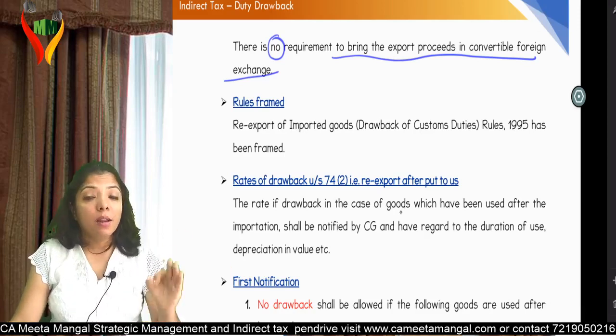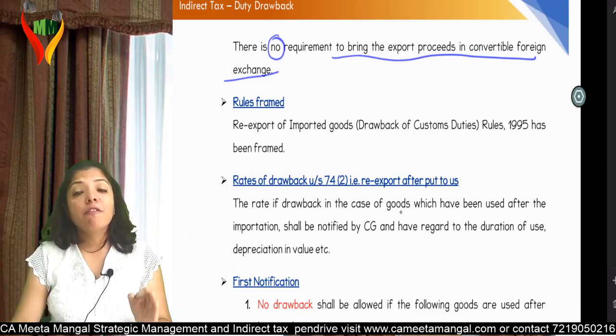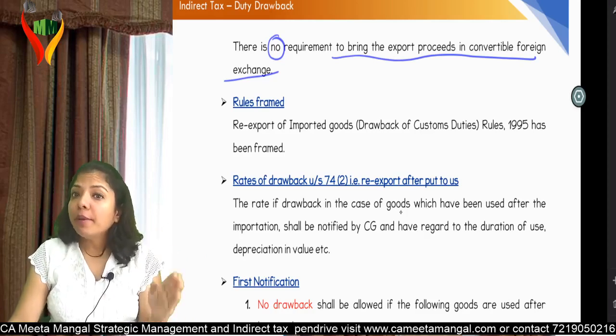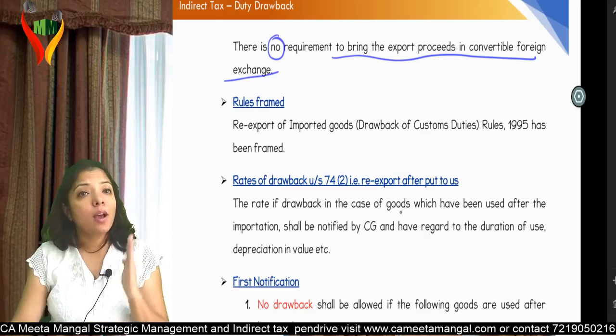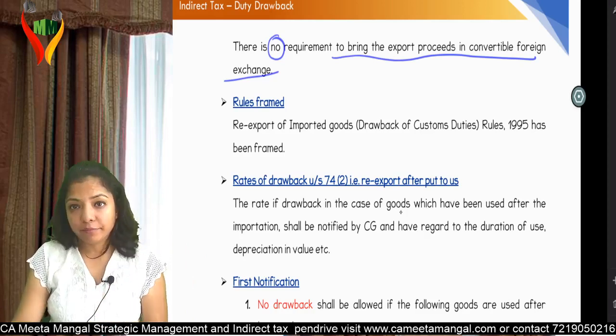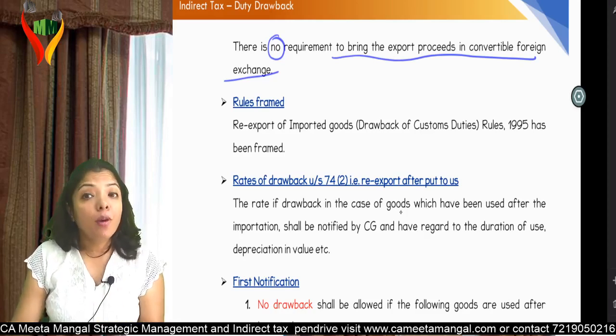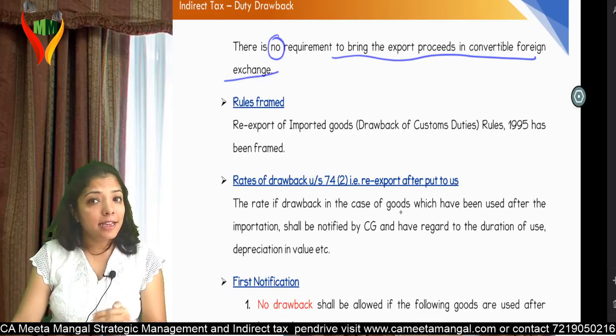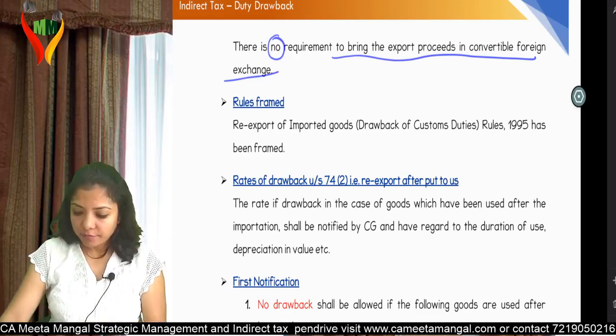We know that without being put to use, if we have re-exported within 2 years from the date of payment of import duty, then you are eligible for 98% of import duty paid. But if you have used and then exported, then you are not eligible for 98%.